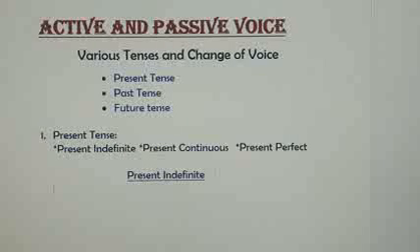Whenever we are talking about a verb, there are basically two kinds: an auxiliary verb and a helping verb. Why am I discussing verbs right now? We will see when we convert the sentences based on particular groups.